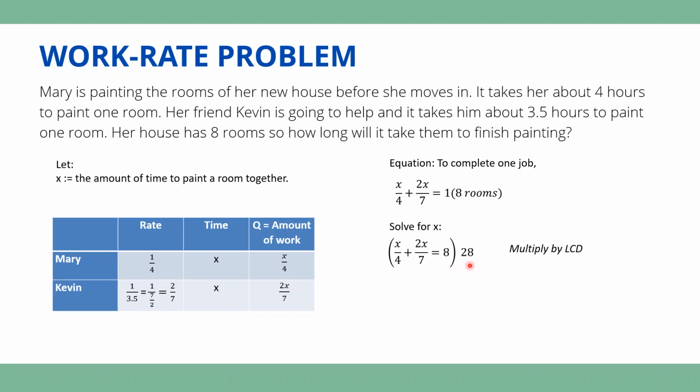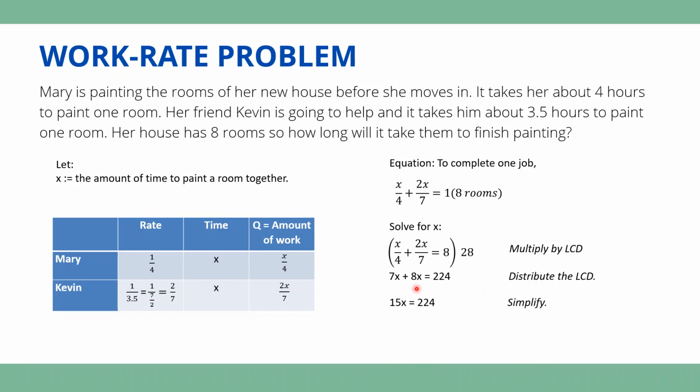Distribute it: 28 divided by 4 times x is 7x. 28 divided by 7 times 2x is 8x. Then last, 28 times 8 is equal to 224. We just distribute our LCD.